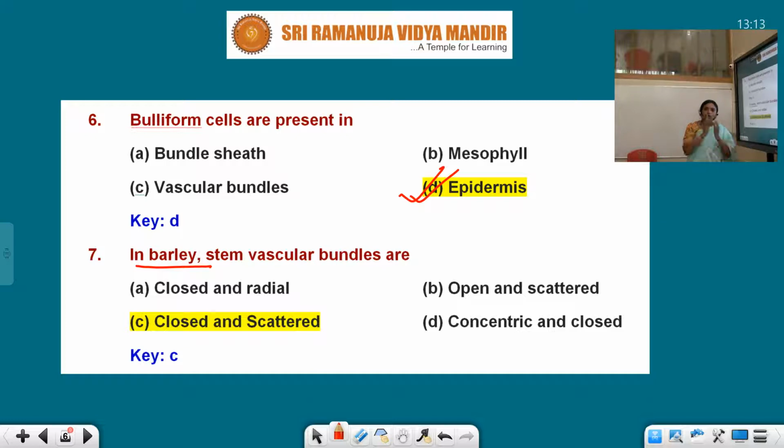But in monocot stem, conjoint bundle is there, xylem and phloem in the same bundle, but they are closed because cambium is not present. And scattered, because endodermis, cortex, everything form ground tissue, and in this ground tissue the vascular bundles are scattered. So C is the answer.